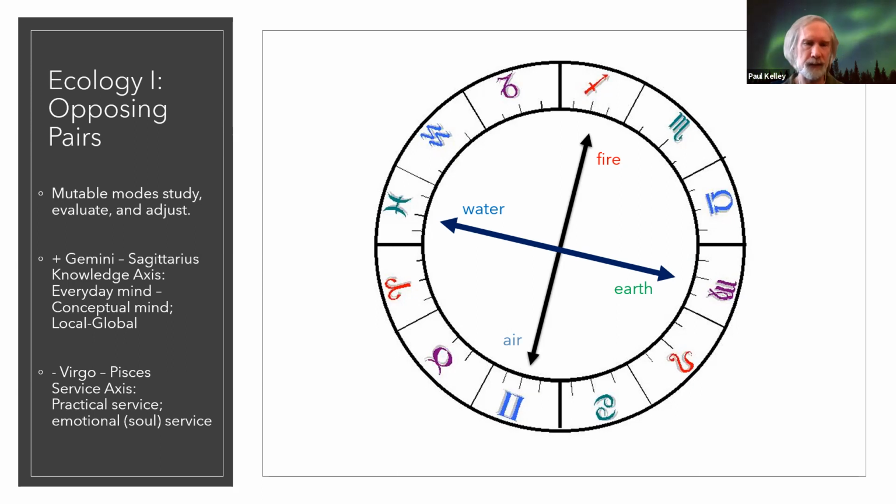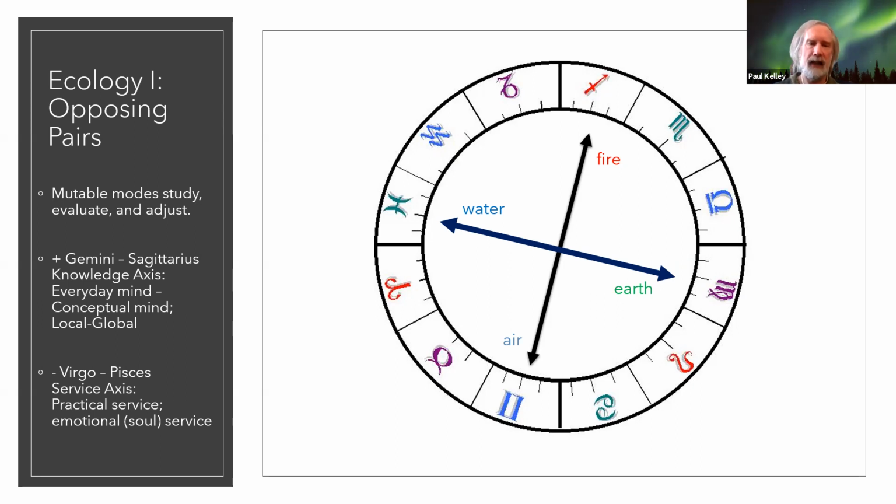So Sagittarius lifts us into broader, higher learning, higher education, I should say, conceptual kind of learning, global kind of awareness, worldliness, and Gemini, more local, everyday kinds of knowledge, data processing, information gathering, and using.